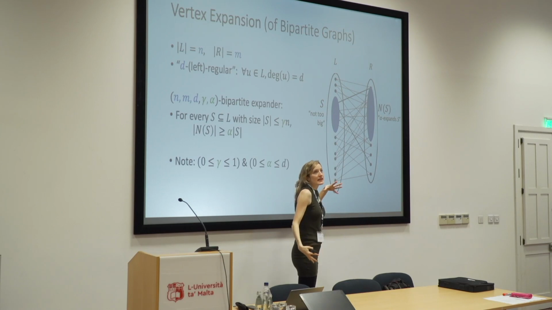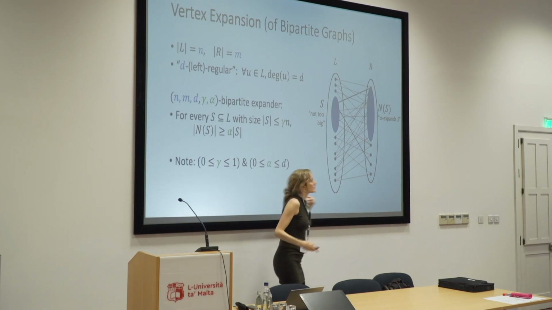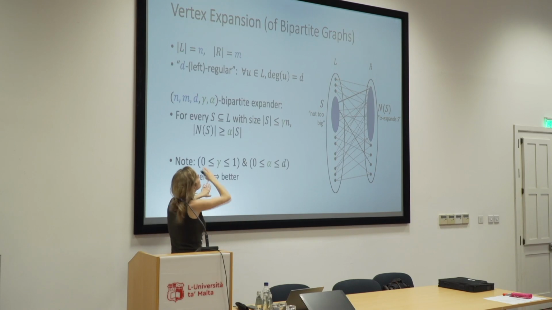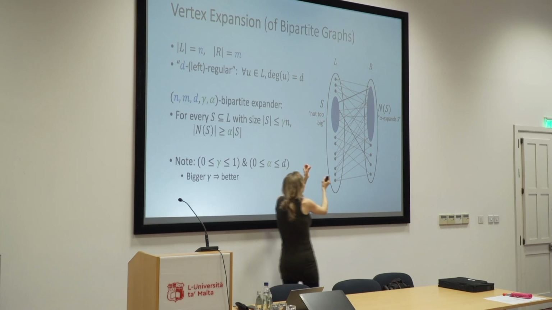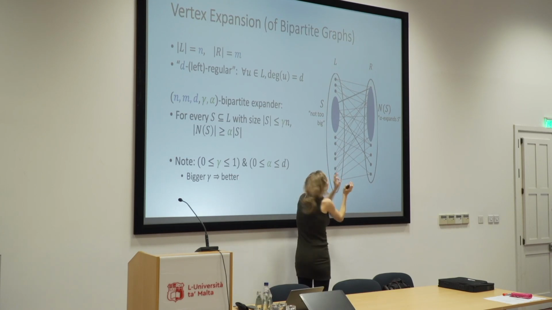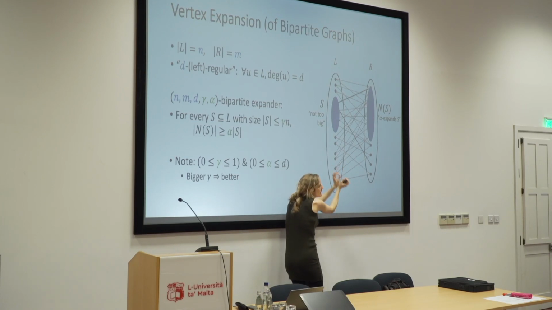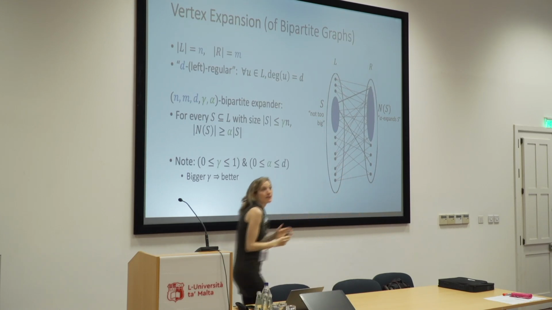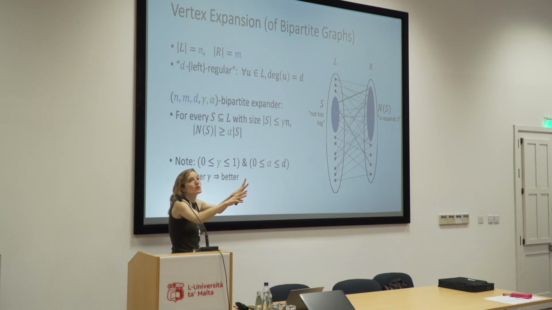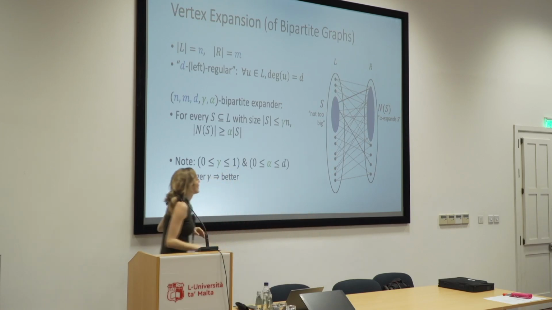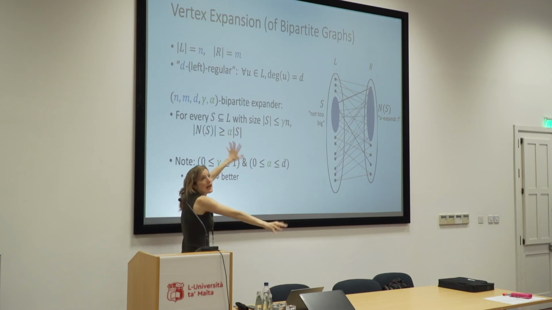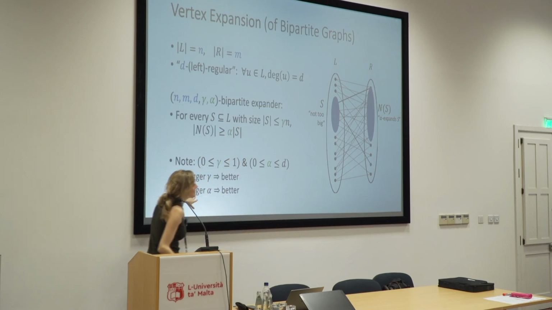This is a stronger requirement, and this is what I mean by better. If you can satisfy it with a bigger gamma, that's better. Because if I have a very small gamma, that's only giving me a guarantee on very small subsets S expanding out. If it also holds for bigger gamma, then it also holds for bigger chunks S of L. And how about alpha? Big alpha is also good. It's spreading out more. I have even more neighbors. Okay?